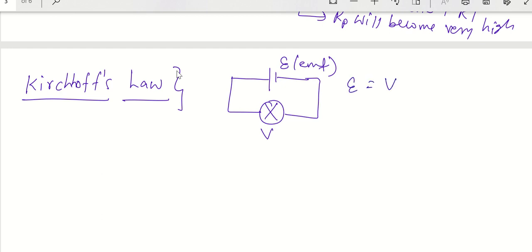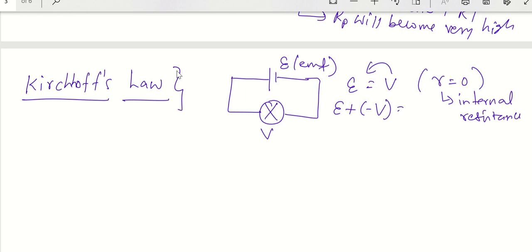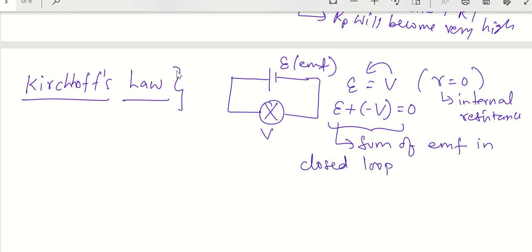We know that this will be equal to this if the internal resistance is 0. In that case I can shift it here and write plus E minus V equal to 0. So this can be written as: the sum of EMF in a closed loop is 0.